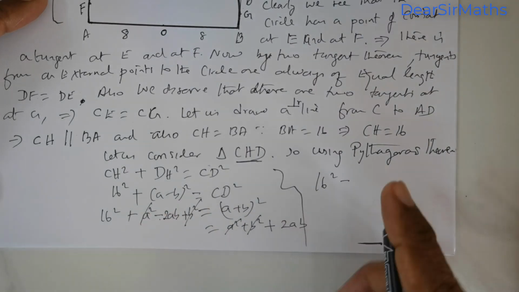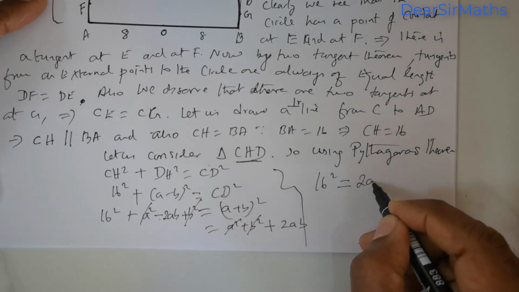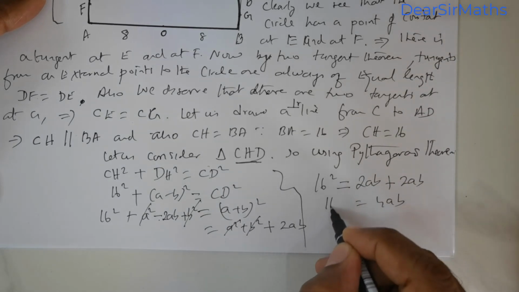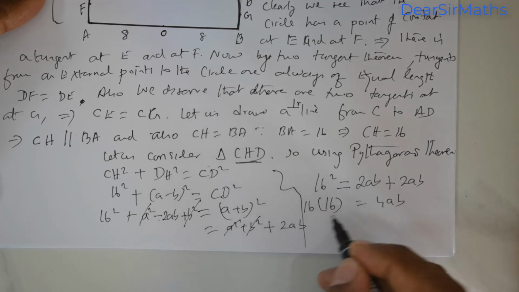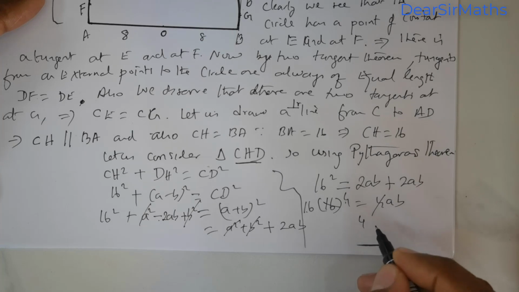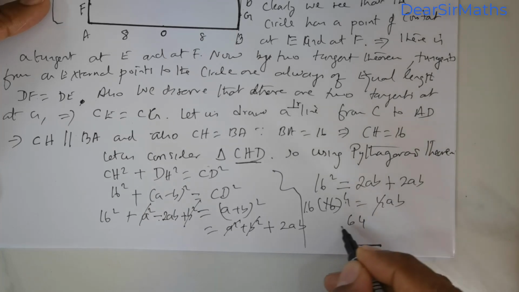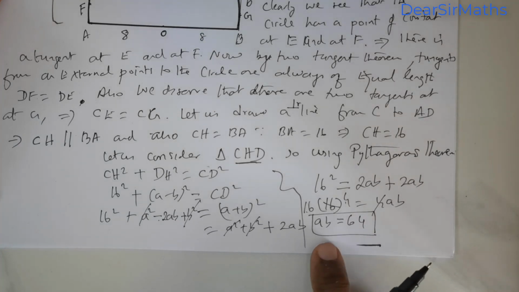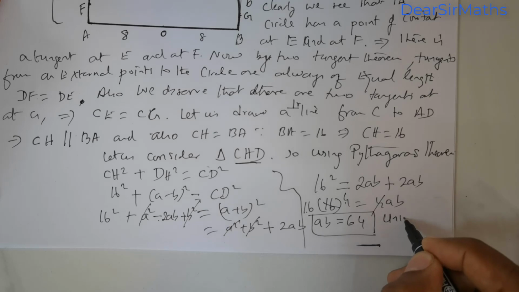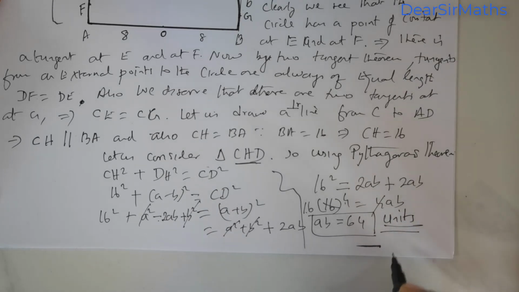I'm going to push this 2AB to the other side, so you have 2AB plus 2AB, which is nothing but 4AB. 16 squared is 16 times 16, 4 divides 16 four times, so 64 is equal to AB. This is exactly what we want. We want to find the product of the two parallel sides, and we have found that to be 64 units. So that is the solution.